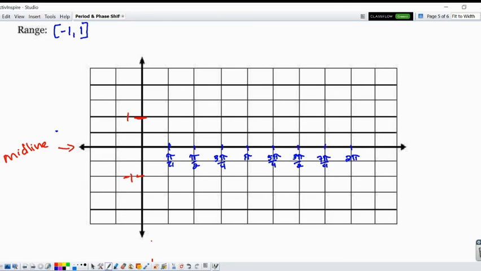And I'm going to do this in 2 steps. I like to see where the graph would be within its period, within pi units, and then I'm going to shift it from there. So the first thing you're going to see me do is just to sketch in the graph without the phase shift.